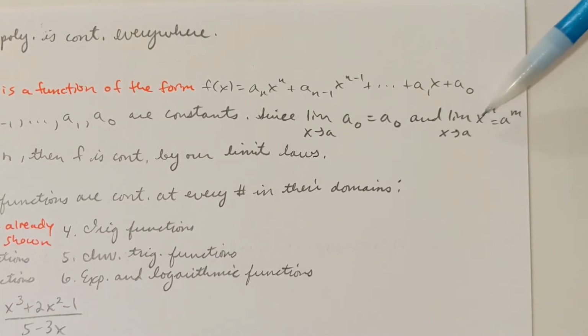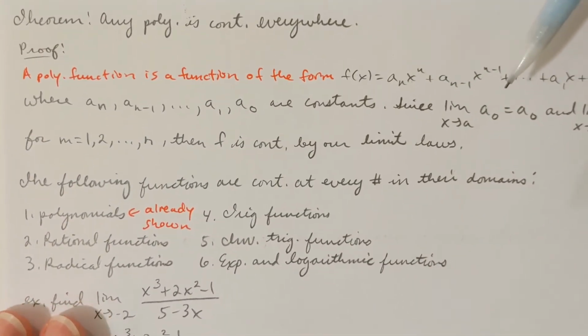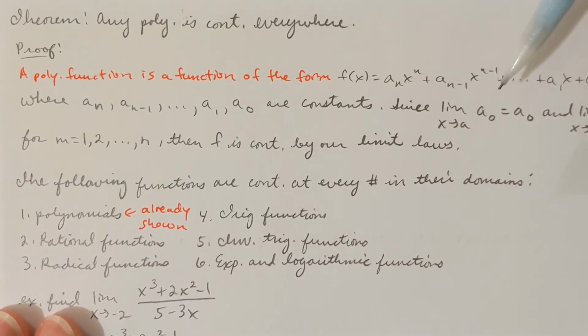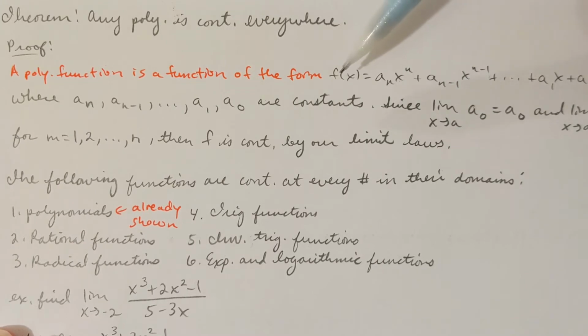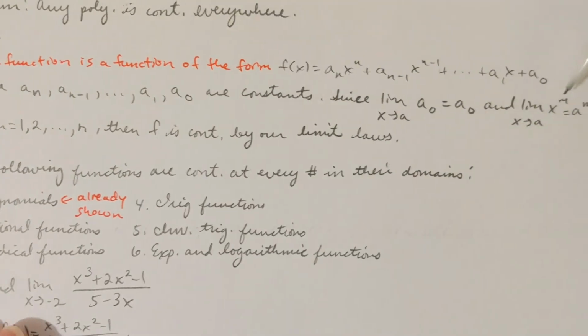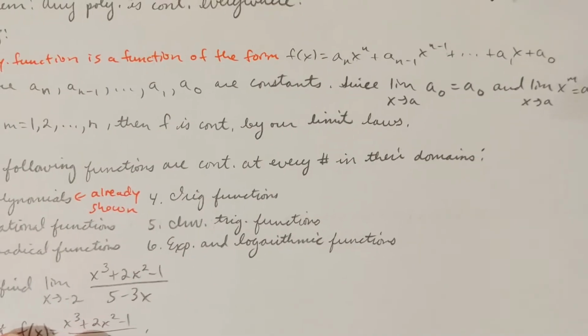If you have a power function, you can make a direct substitution, and on every single one of these terms here, you're going to have something raised to a power. The last term is a constant. Limit of a constant is always the constant. Okay? So in doing that, you will be showing that the limit as x approaches a of f of x is f of a. Right? You can make a direct substitution of that a value into the function there.